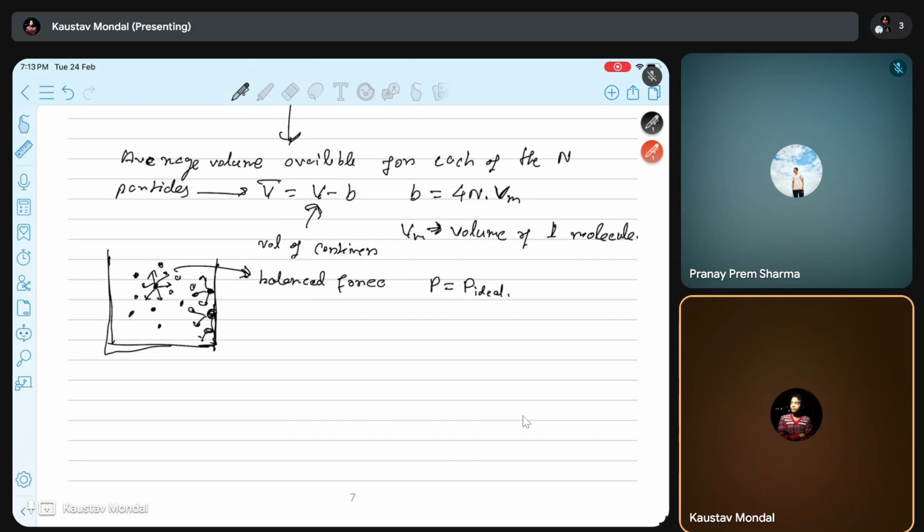So for these molecules near the wall, the reduced pressure is P ideal minus delta P.